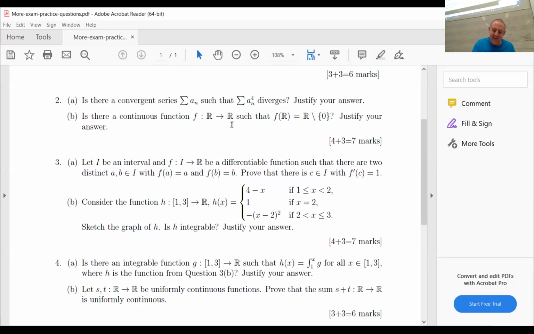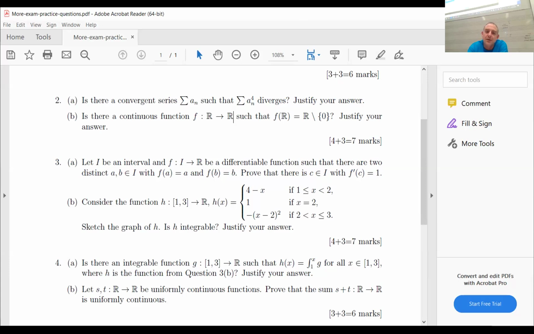Question 2B. Is there a continuous function f which sends R to R such that f of the entire of R is R without the number 0?